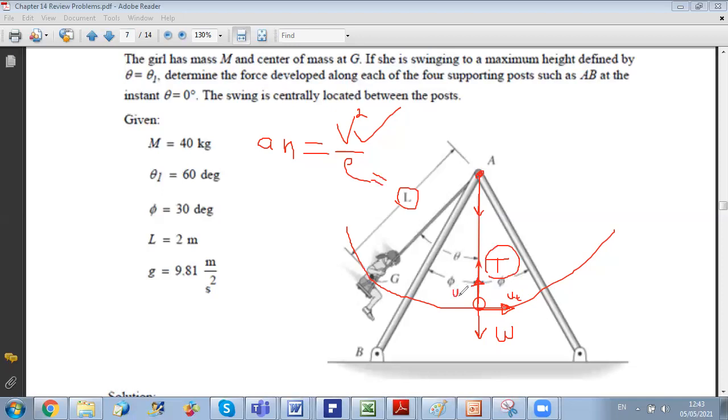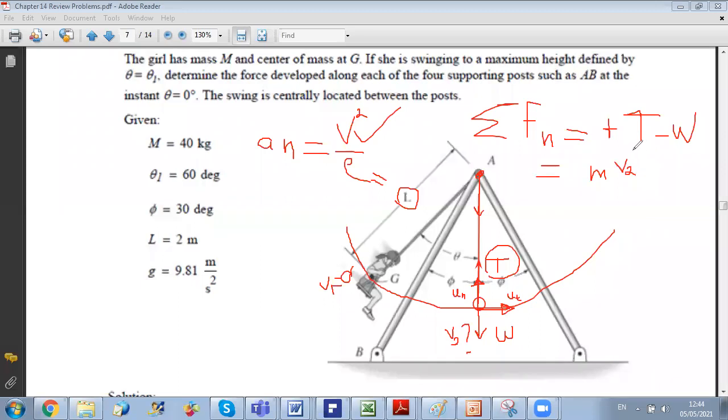So this is un. Since my tension is along un, the equation that will give me T is the sum of forces along the normal equals plus T minus W equals m V2 squared over rho, where rho is the length of the cord. I call it V2 because V1 here is 0. I should find V2 to be able to calculate an at this position.